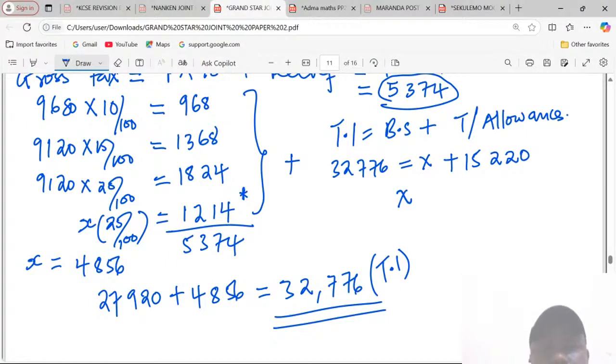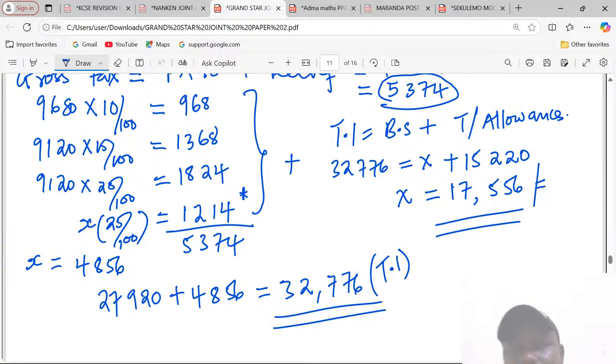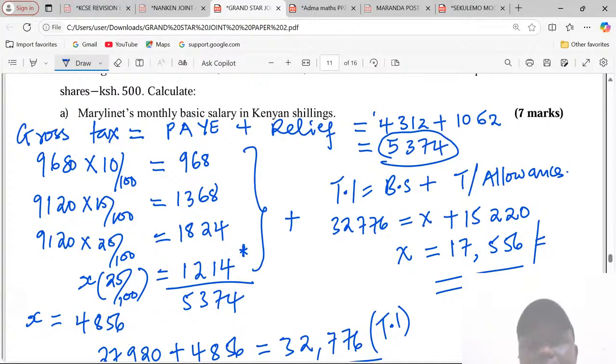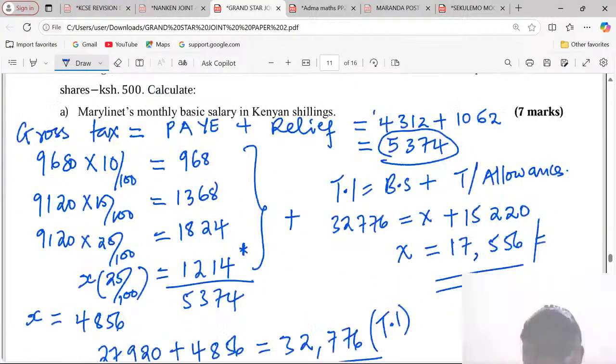So how do we remain with X? We subtract them. This will give us 17,556. So that is the basic salary for Madam Marylinet.